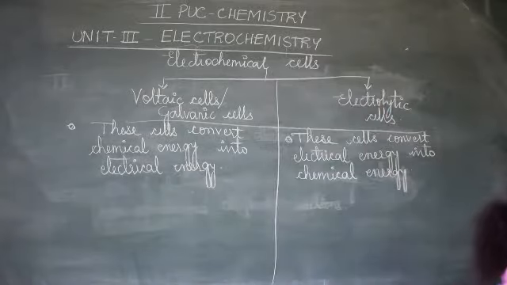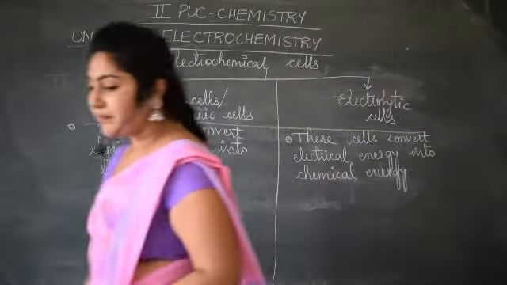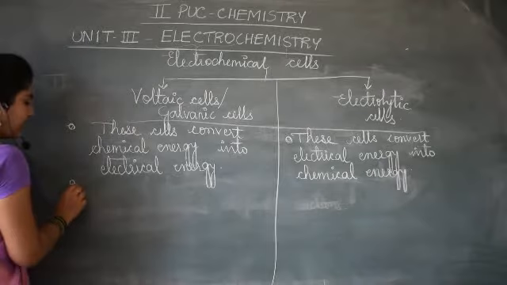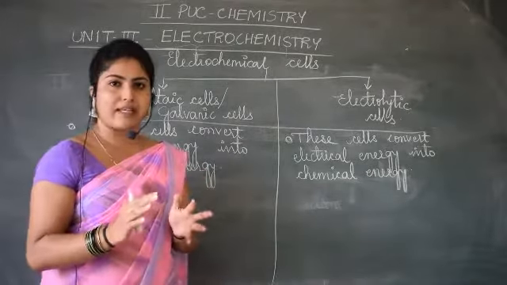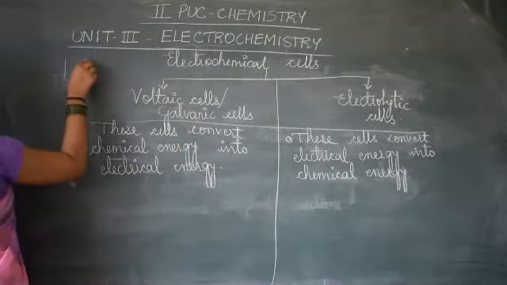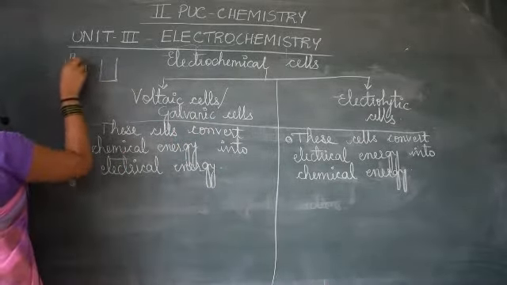And the next point you need to know is that here in this case, the anode is a negative electrode and the cathode is positive. I will tell you how it is for both types of cells. In a voltaic or galvanic cell, two beakers will be taken, an electrode in each.